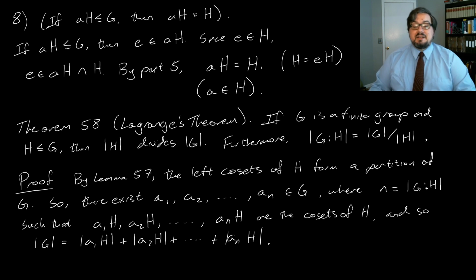And that's because these cosets form a partition of G. Their union is all of G, but there's no overlap. So if I want to know how many things there are in G, I just add up the number of things in each one of these cosets.